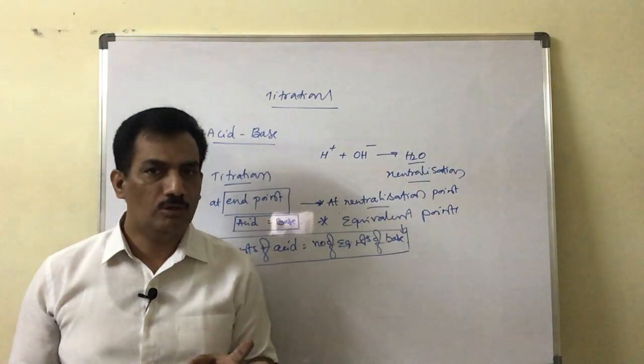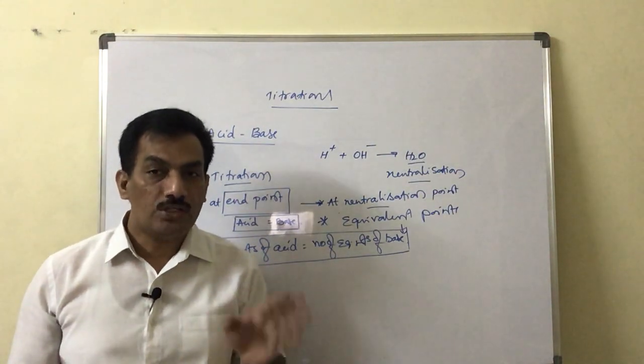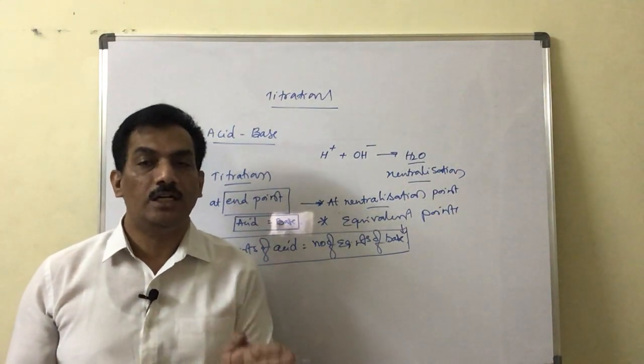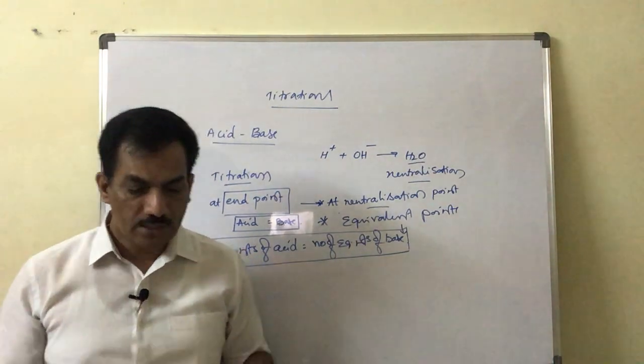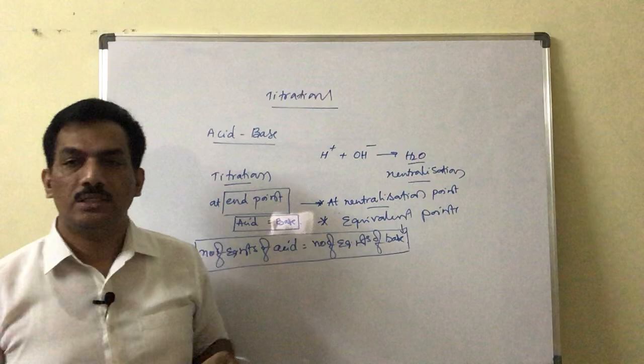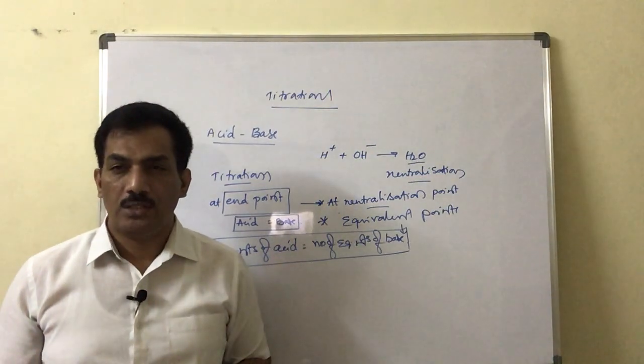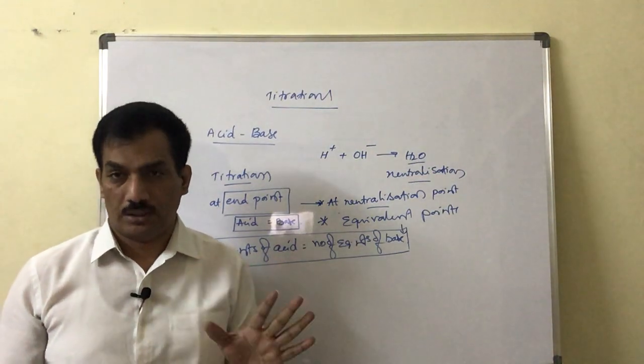And dear students, remember it is always related only to equivalents, not moles. Saying that 1 mole of acid can exactly neutralize 1 mole of base at the end point is not a correct statement.